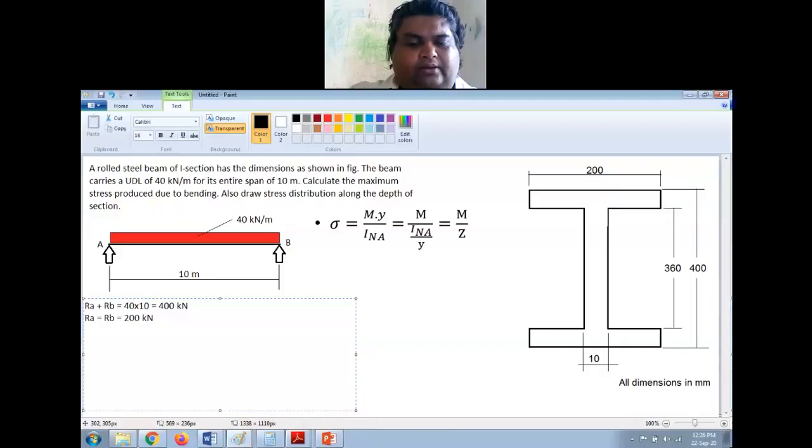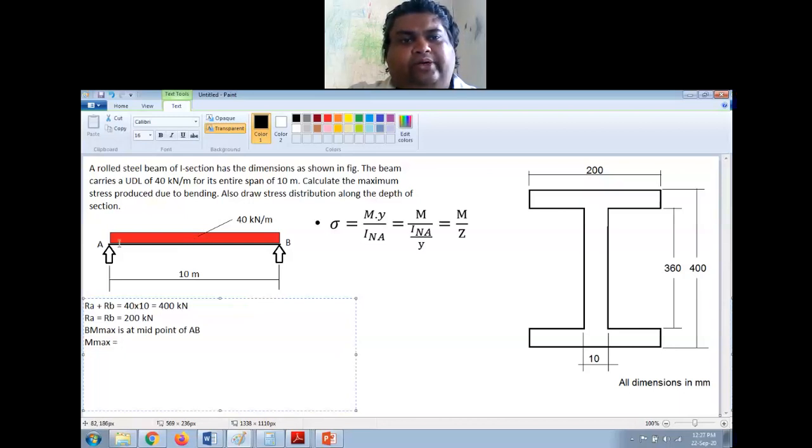So BM max is at the midpoint of AB. So BM max, or I'll just say M max here, M max is equal to, this is the point I'm considering.